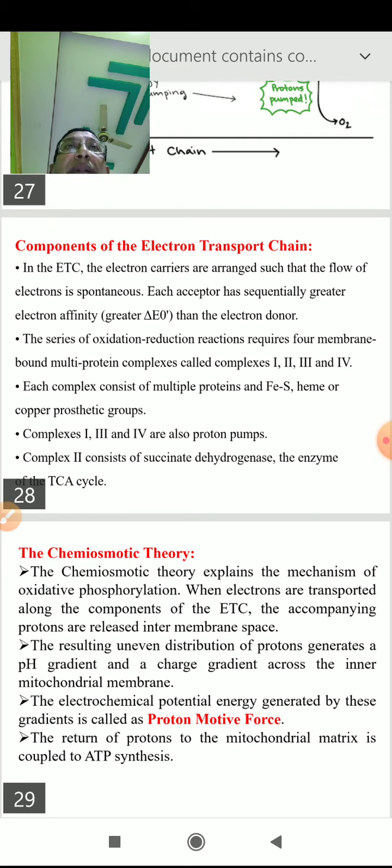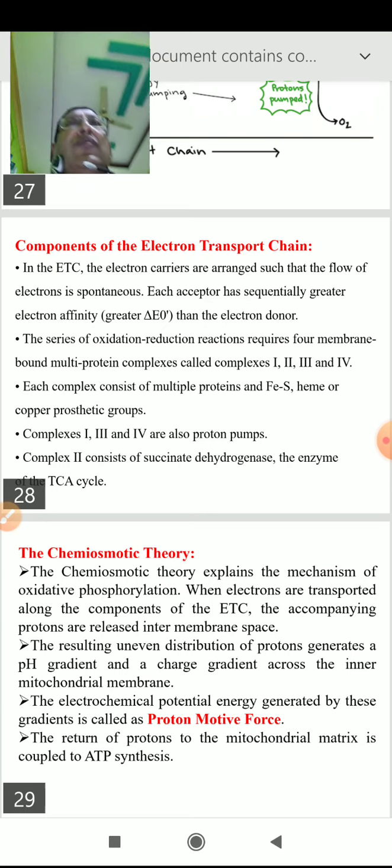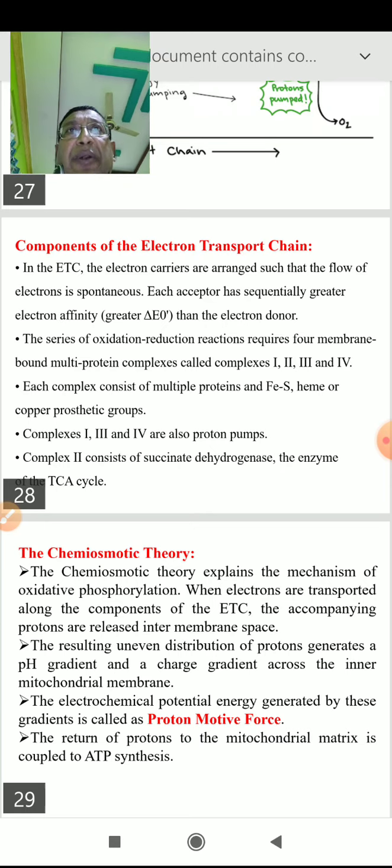I have already explained earlier that in the electron transport chain, the electron carriers are arranged such that the flow of the electron is spontaneous. Each acceptor has a sequentially greater electron affinity, a greater electron potential, this delta E 0. Then the electron donors: the series of oxidation reactions requires 4 membrane-bound multi-protein complexes called complex 1, 2, 3 and 4.